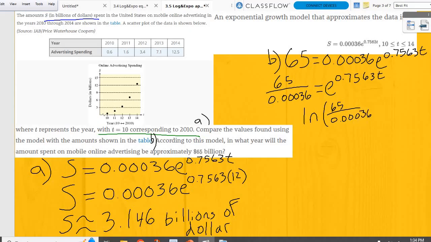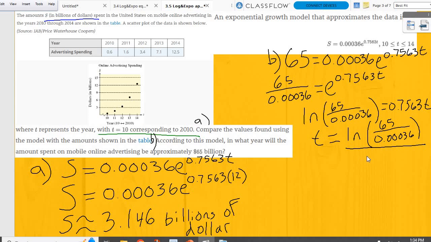And then what is our last step going to be? Divide by 0.7563. And where is that going to go? Outside the entire natural log, because once I've taken the natural log, everything else has to be outside of that.